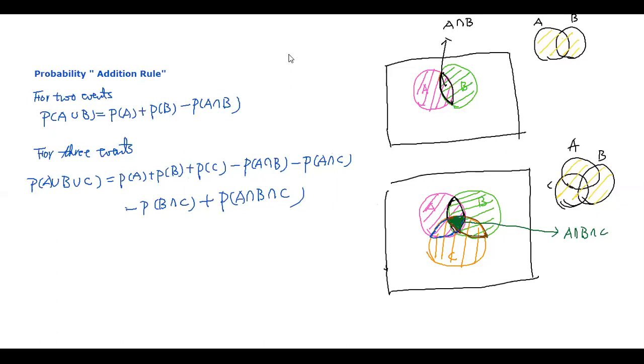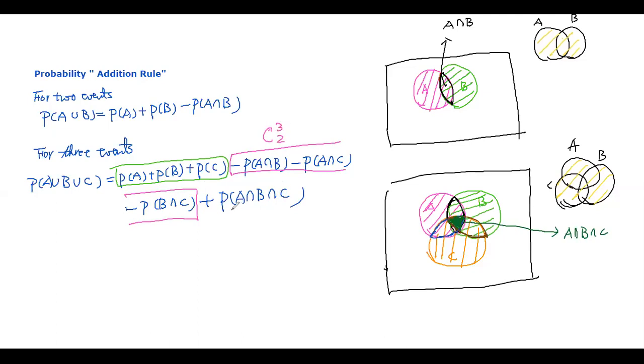If you have 3 events, let's put it into groups. You first write each individual. Then the second group, you minus out any 2 events, like C(3,2), take 3 events, take any 2.